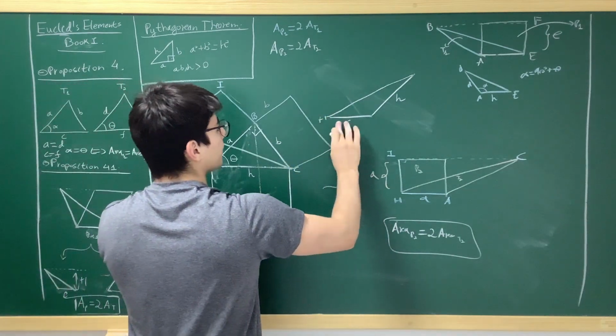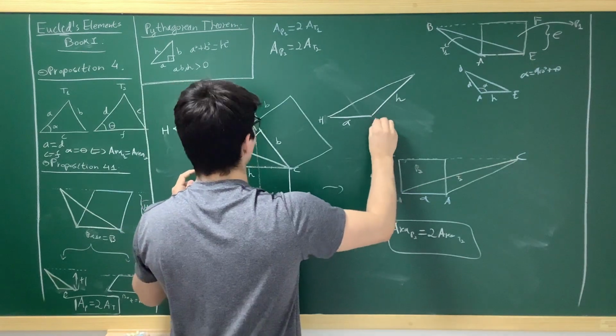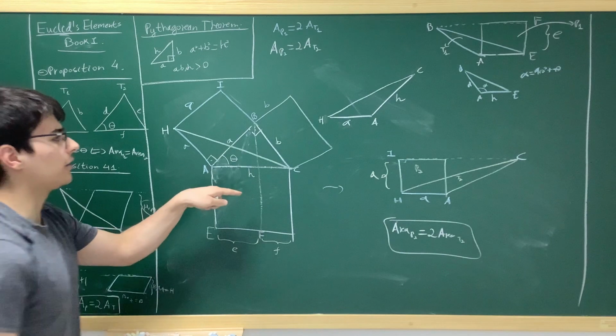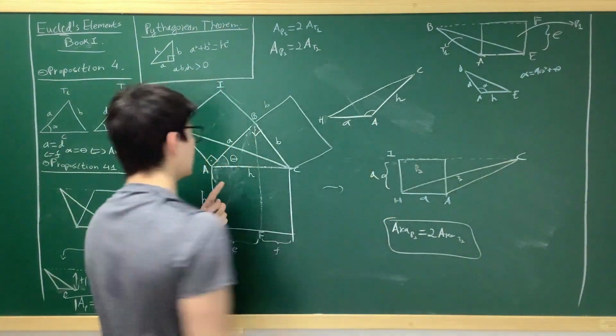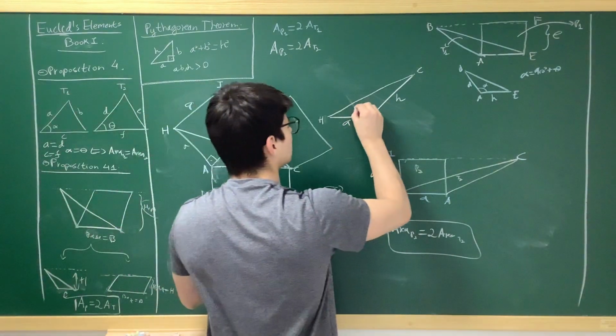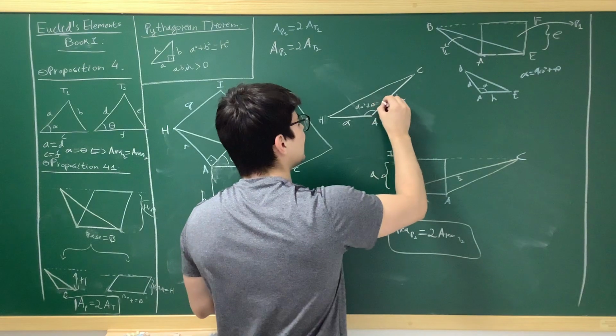Sorry for my handwriting, it's awful today. And C. So, what is this angle? Well, this angle is 90 degrees plus theta. But hey, wait a minute, as we said before, this is just alpha.